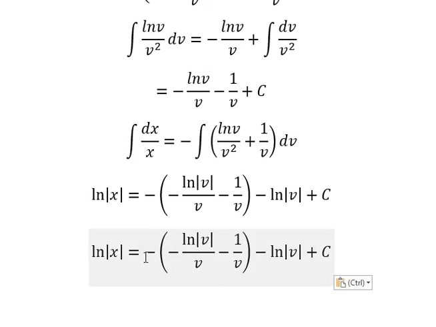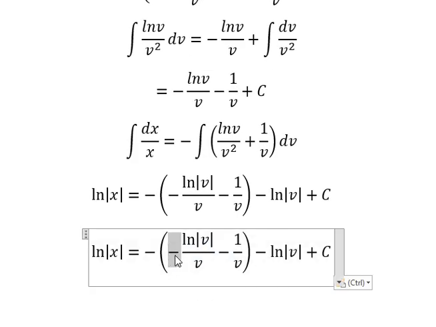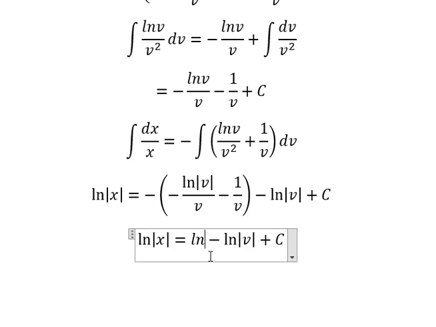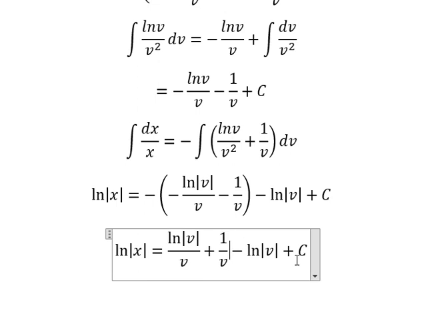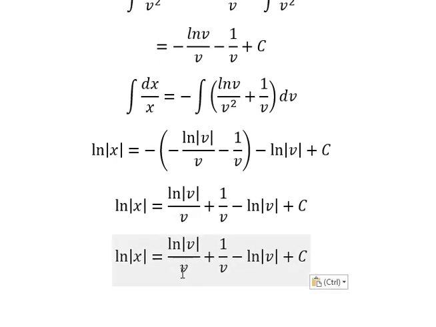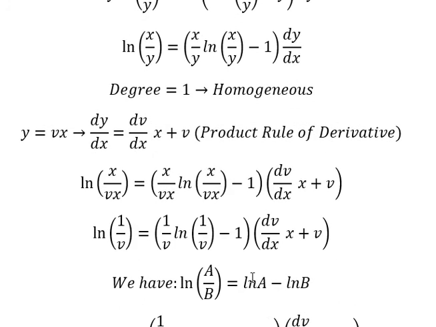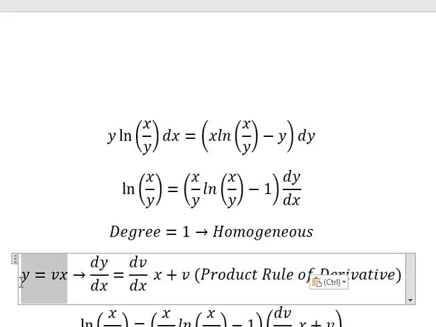Now negative with negative, you got positive. About v, that is about this one. So we need to divide both sides by x.